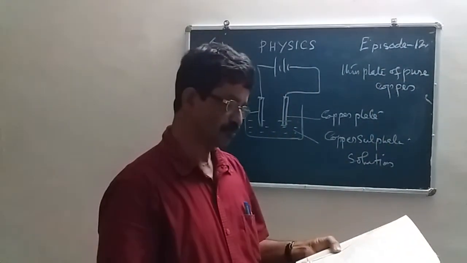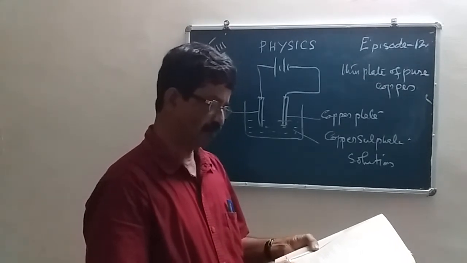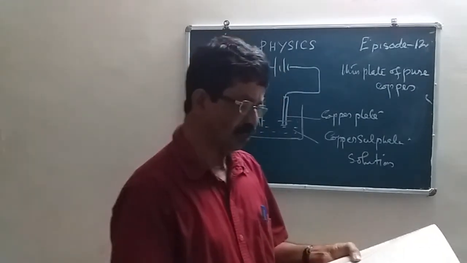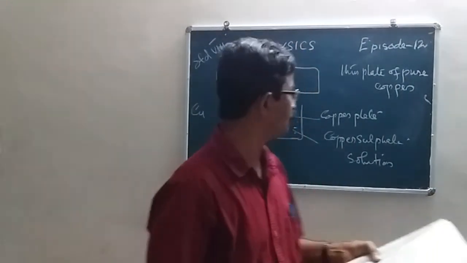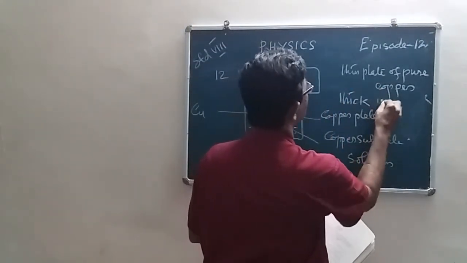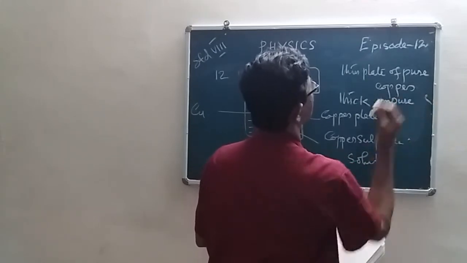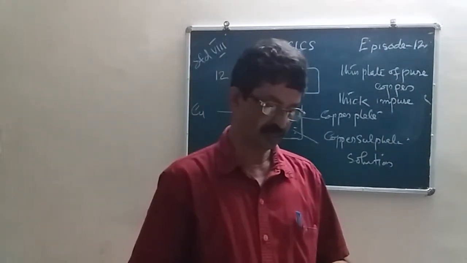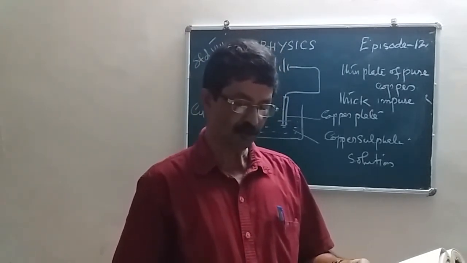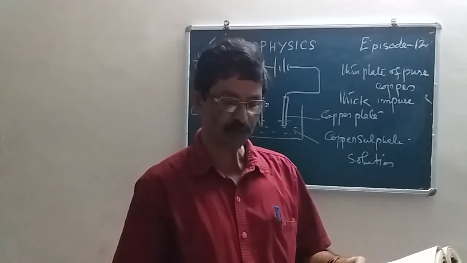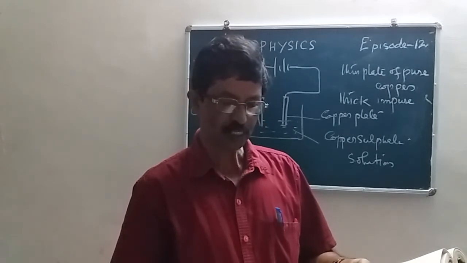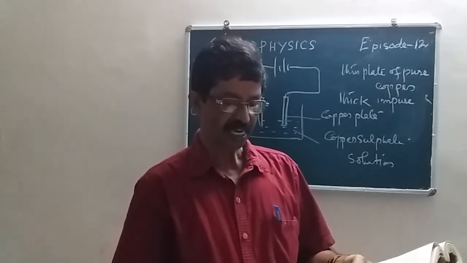Copper from the impure rod is sought to be transferred to the thin copper plate. Which electrode should be attached to the positive terminal of the battery and why?